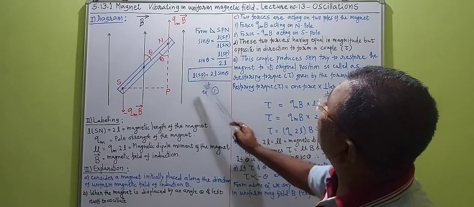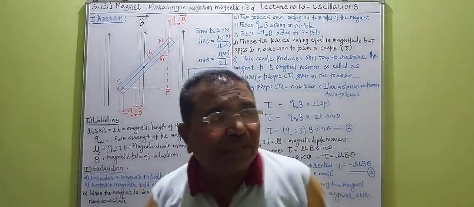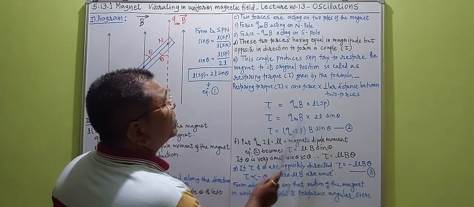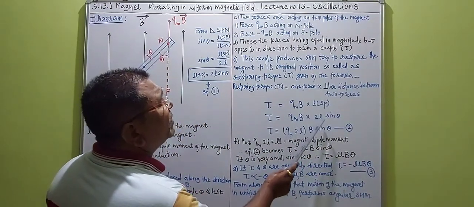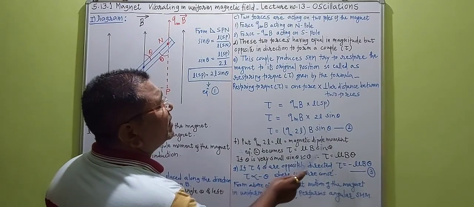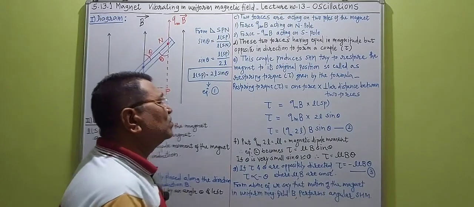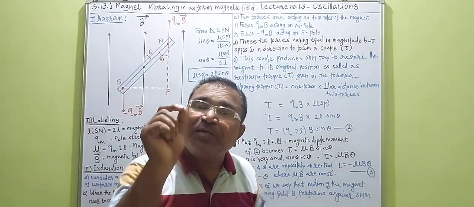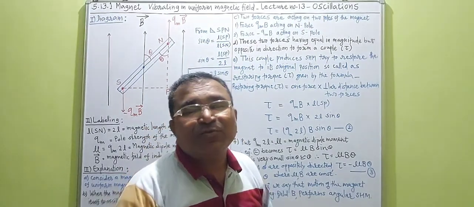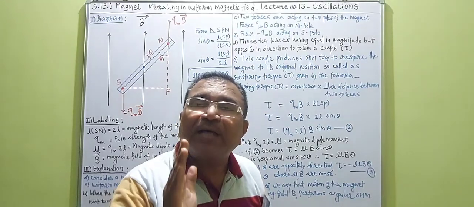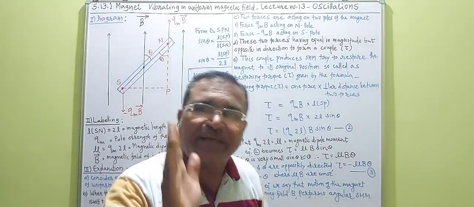Put this value of the length of SP here. The length of SP is equal to 2L sin theta. So here Qm, I have reshuffled the equation: this 2L I have taken here, this B is here, sin theta. This is equation 2. Then let us think about the product of Qm into 2L. This Qm into 2L is nothing but, dear students, the magnetic dipole moment.